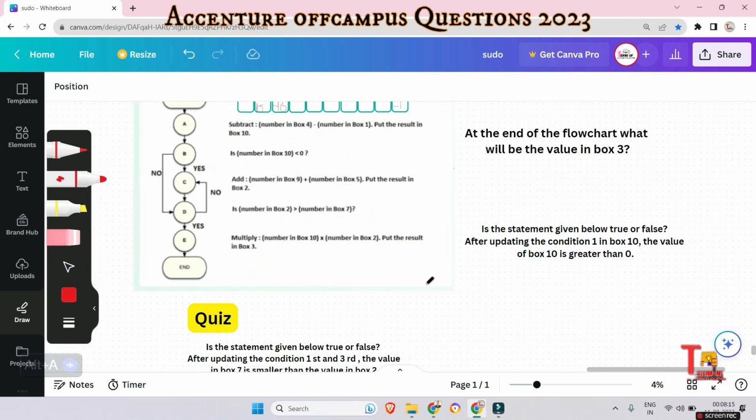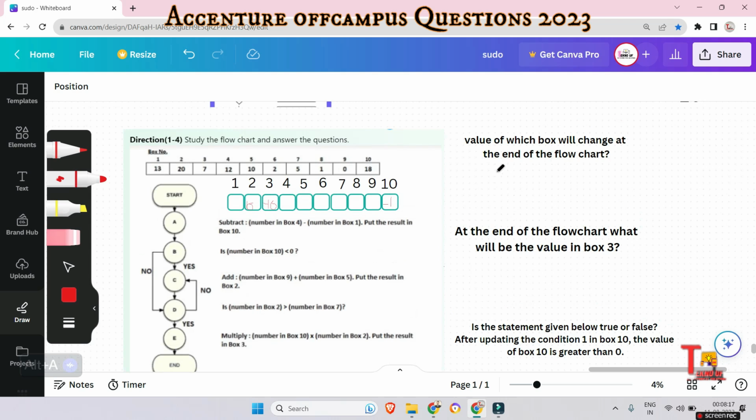So what are the questions? Let's look at them. The value of which box will change at the end of the flowchart. It is clear that whatever option matches will be the answer. Whatever the option among 10, 3 or 2, that will be the answer.